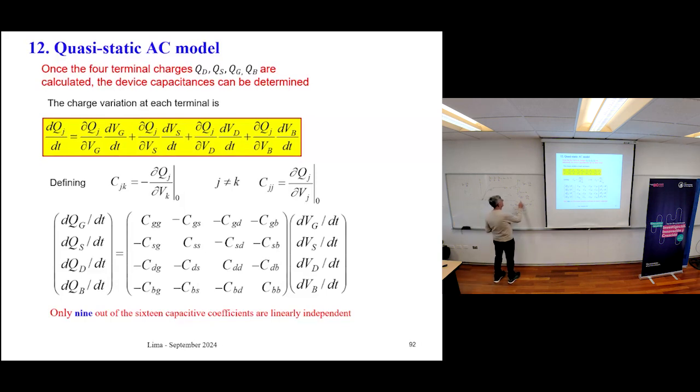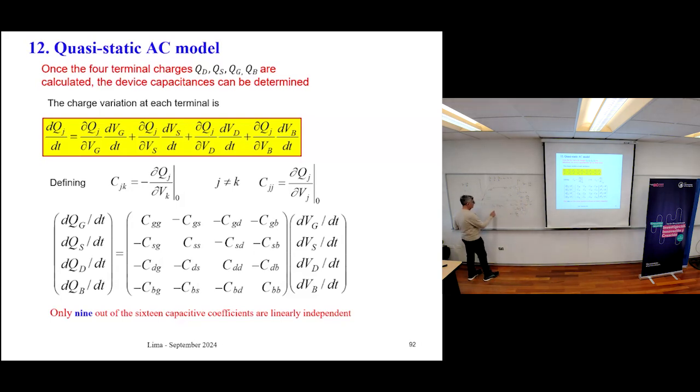The second one, CGS, is minus dQG over dVs. This is similar to the transconductance. But you see that there is a sign here.